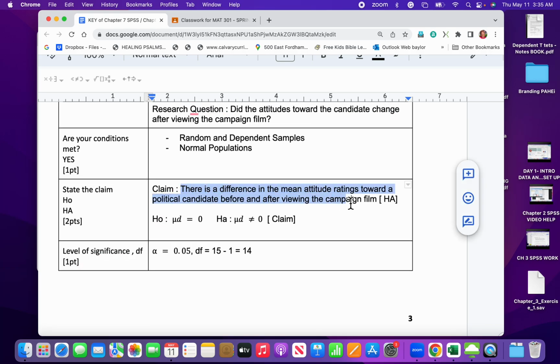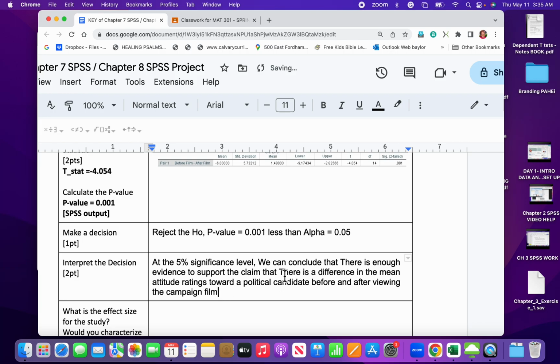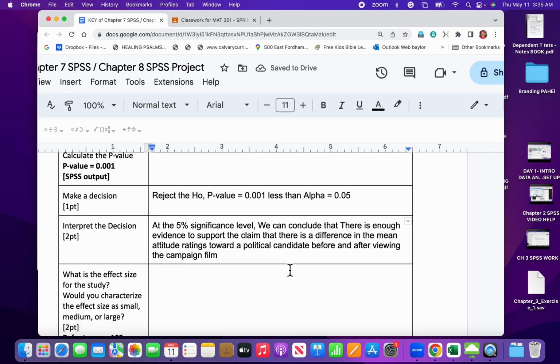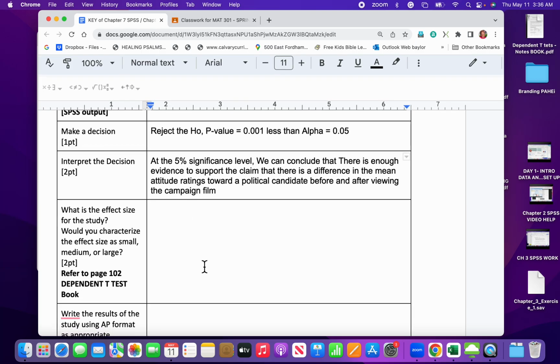There is a difference. You will expect that, won't you? When I show the campaign clip, there should be a difference. There is a difference. Here we go. In the mean attitude ratings towards a political candidate before and after viewing the campaign film.